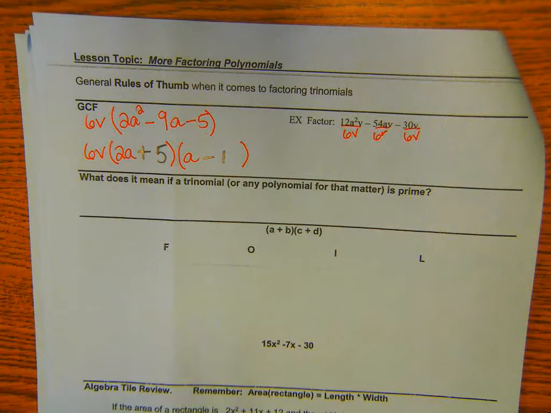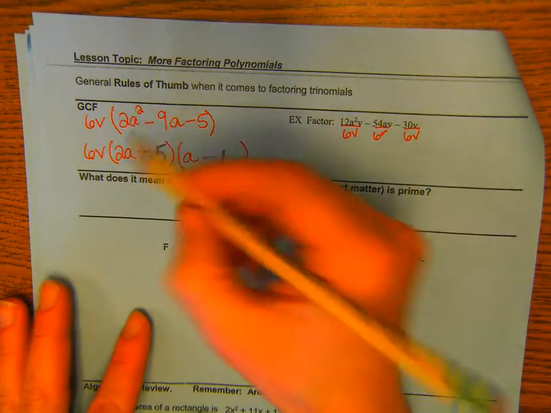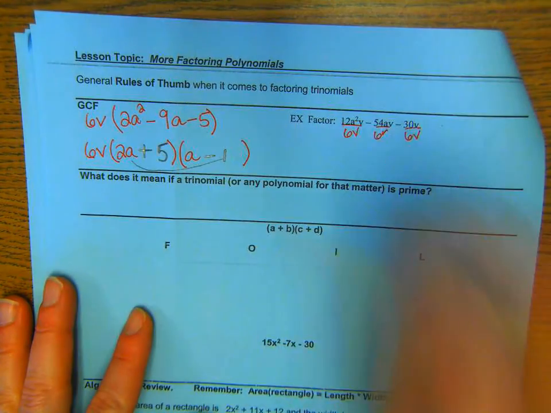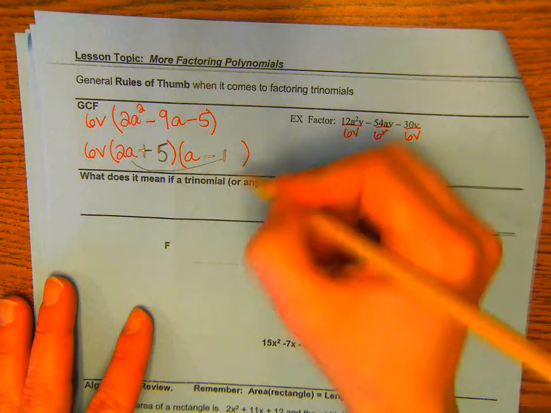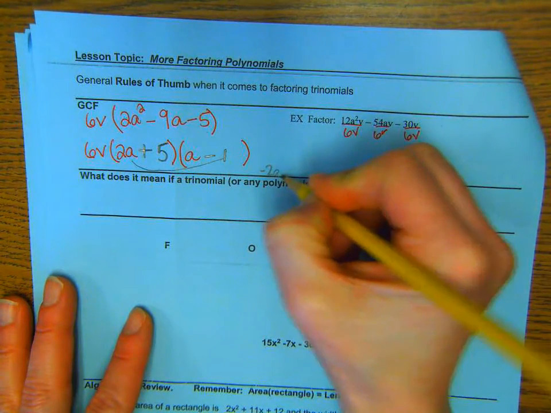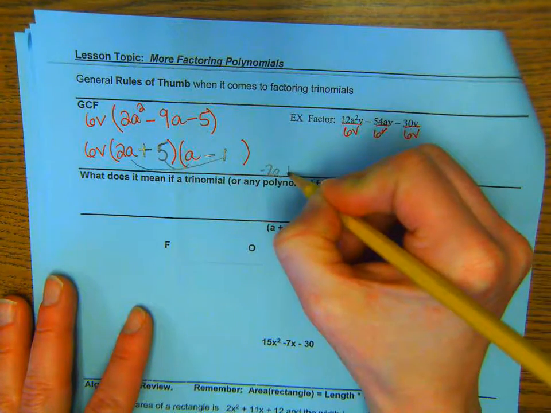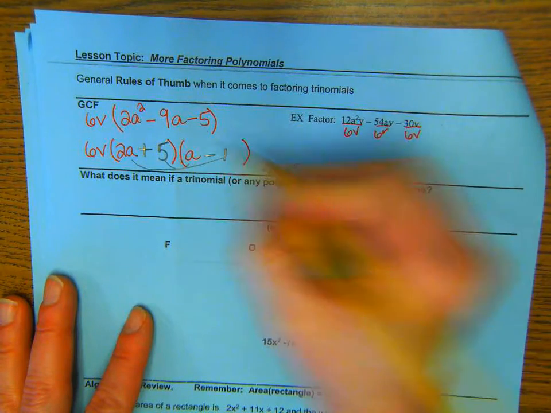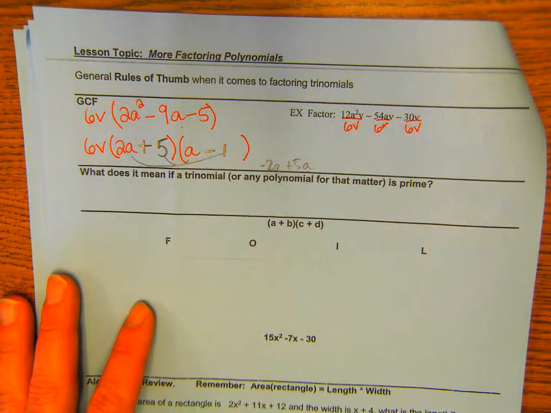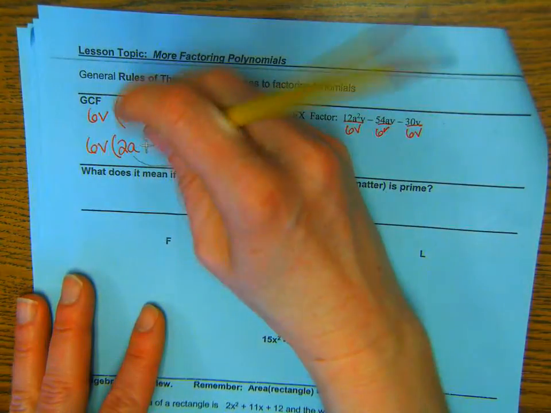FOIL. First, outsides, insides, last. Which ones could we put together? Outsides and insides. All right, let's do the outers. What's 2a times negative 1? Negative 2a. And what's 5 times a? Does that add up to what we see there? No. So what I do then is I switch them around.